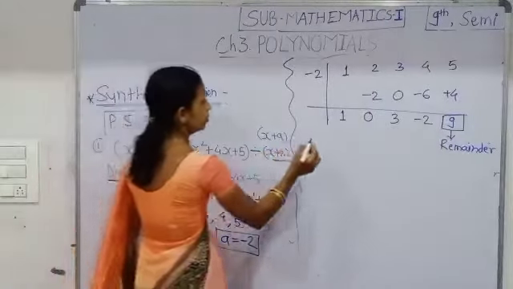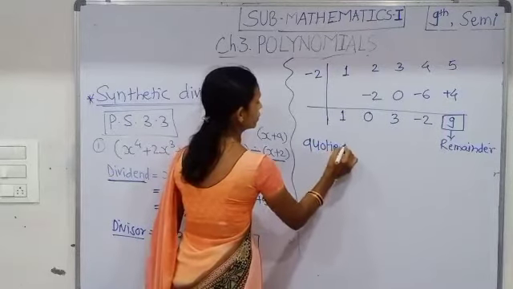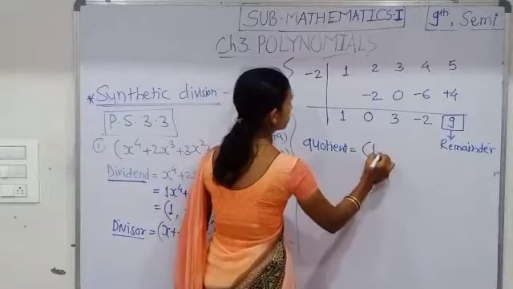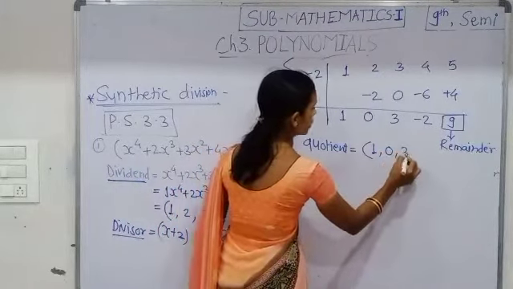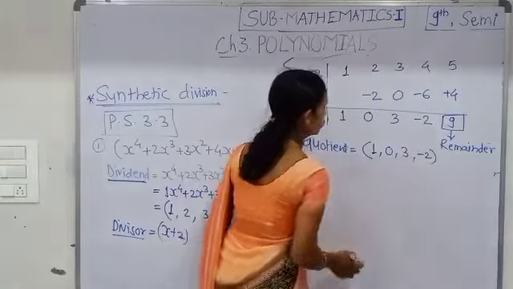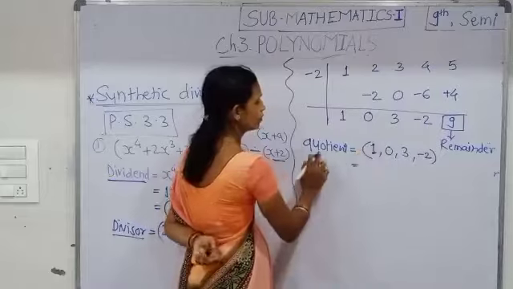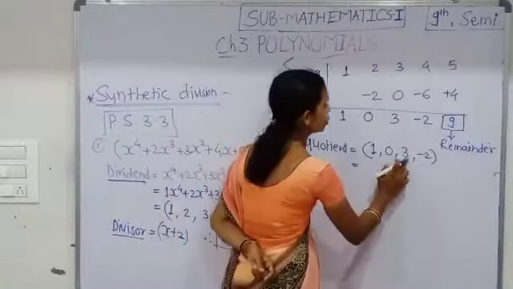Therefore, again here we get the quotient which is in coefficient form. We have to write it in coefficient form. First 1, 0, 3, minus 2. Then we can convert this coefficient form of the quotient into standard form. Then see here, there are total 4 digits.